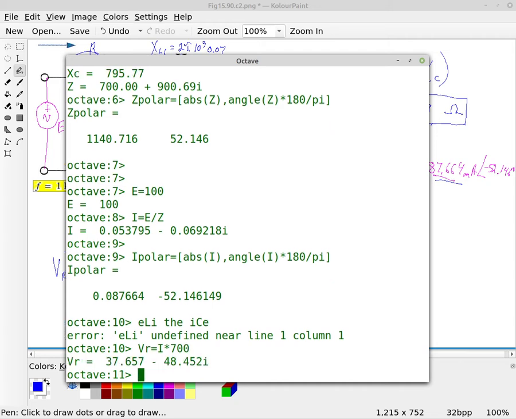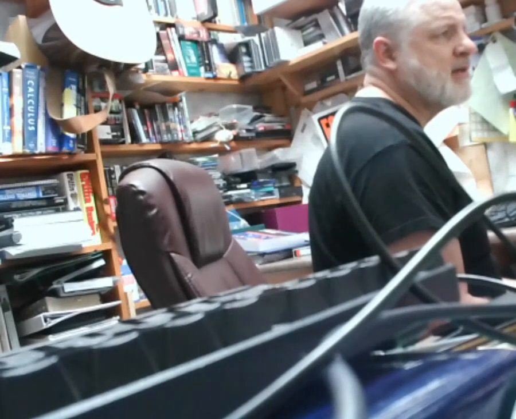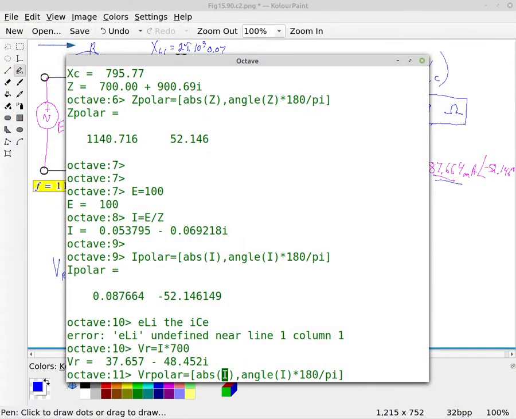And so that gives me the voltage VR, and I could calculate the polar form of that. I'll just recall this command. If you use the up arrow keys in the Octave software, you can recall the command to get the polar form of that.